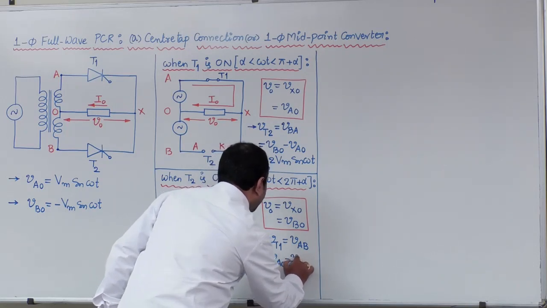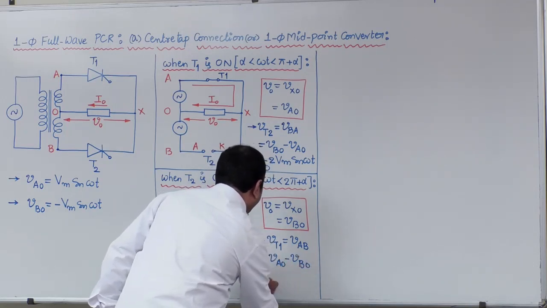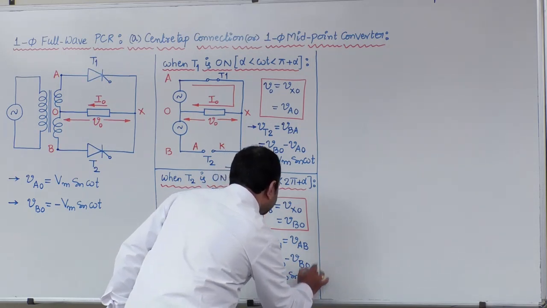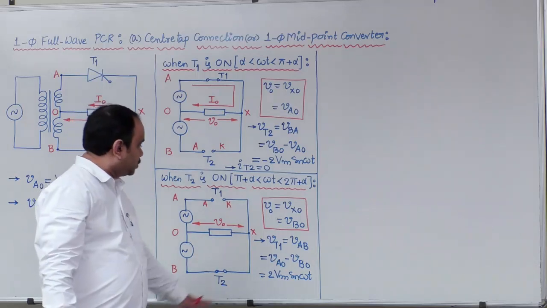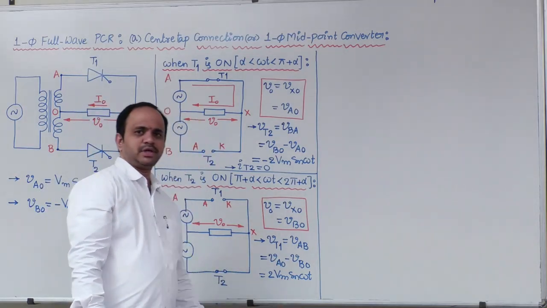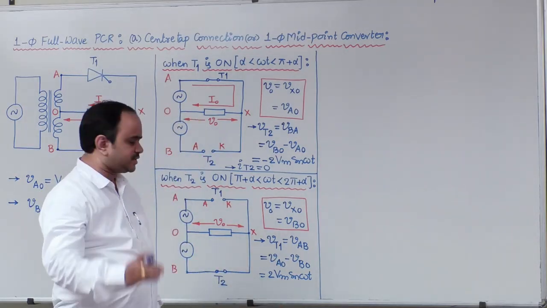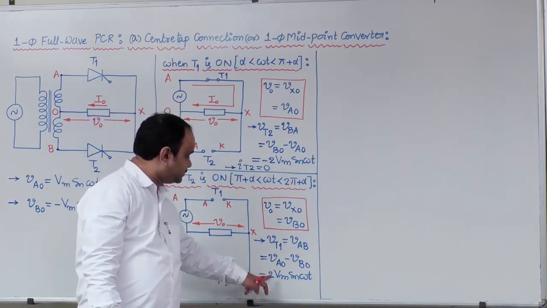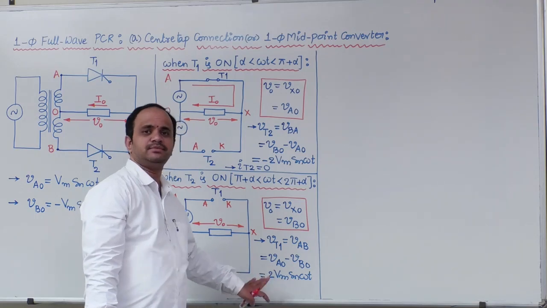VAO minus VBO, which is equal to 2Vm sin omega t. Now the question is, everyone think yourself, is it positive or negative? This value is negative.